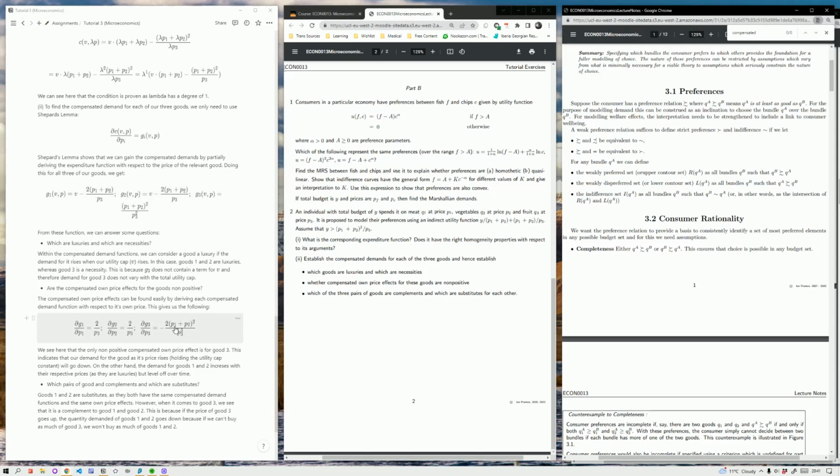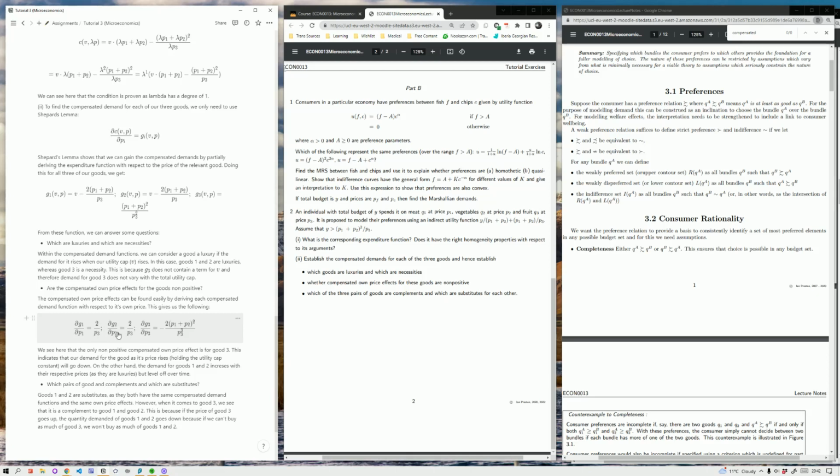And then you get a different thing for 3. So these are the compensated own price effects. Another way of saying compensated own price effects, which is a kind of long and disgusting phrase, is the effect of changing the price of good 1 on the demand for good 1. So here, we see that good 1 doesn't even factor into it. It's only good 3. And same thing for good 2.